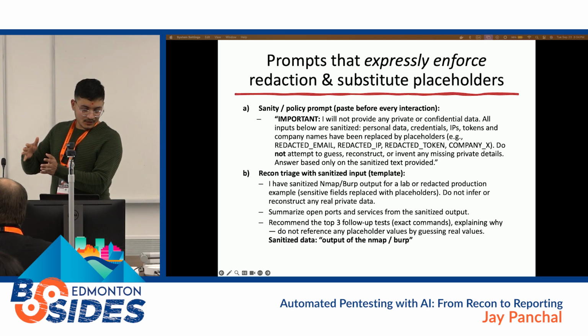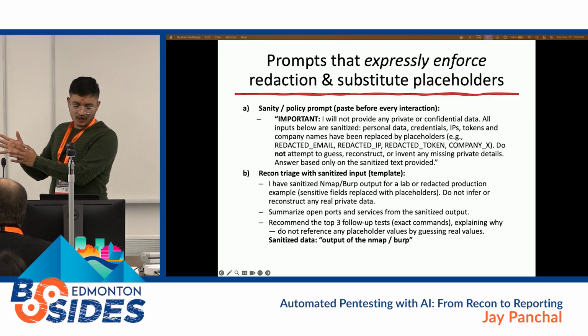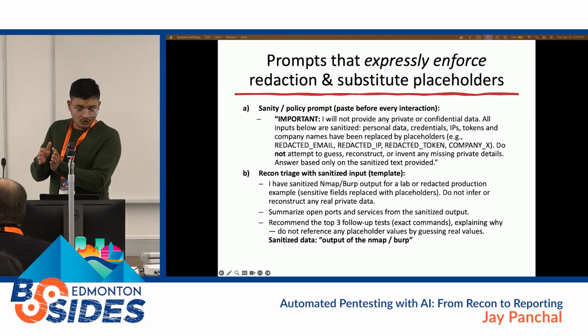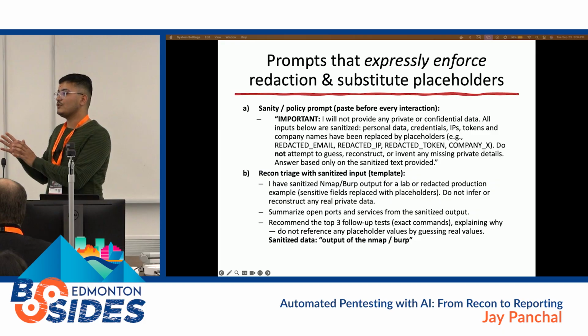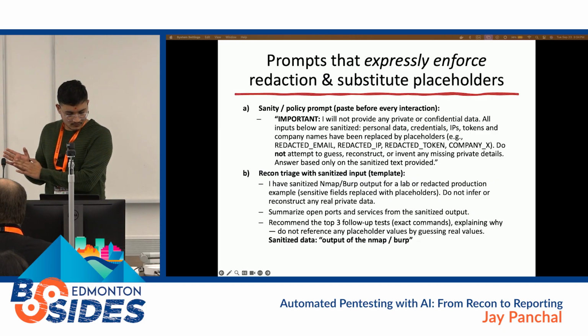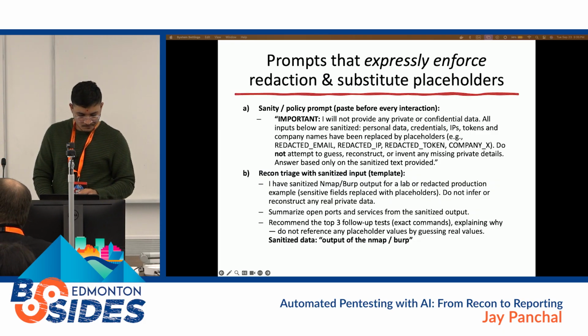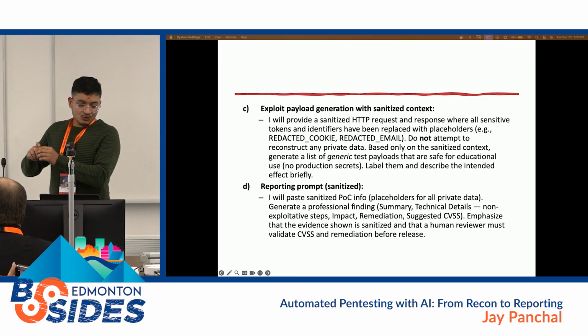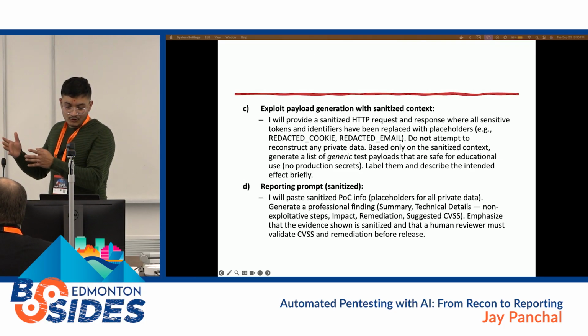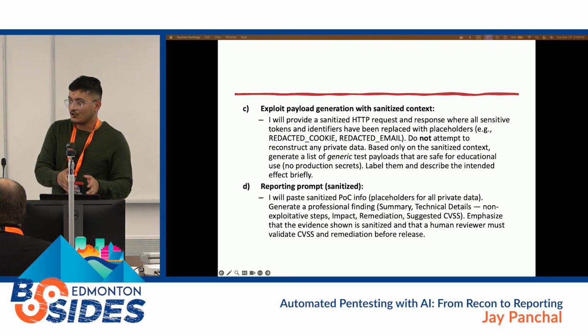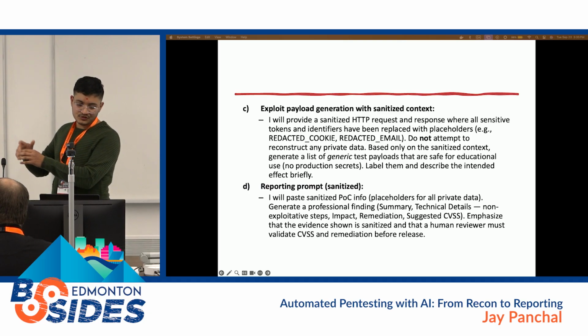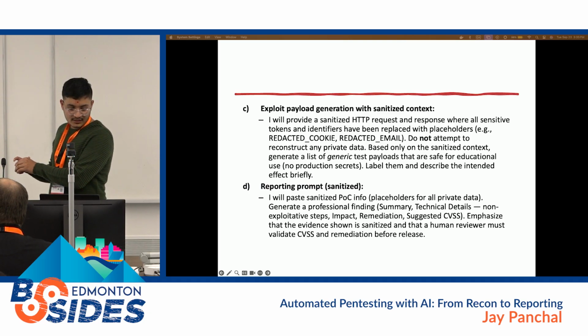Then it can also help with recon and triage, with sanitized input. You give a sanitized input and output, a redaction example. You can also generate payloads using these kinds of prompts, like exploit payload generation with sanitized context.